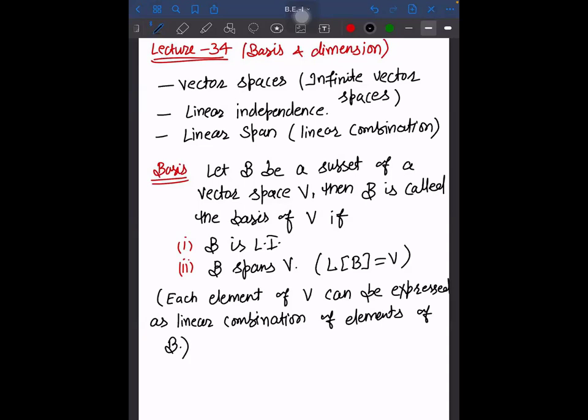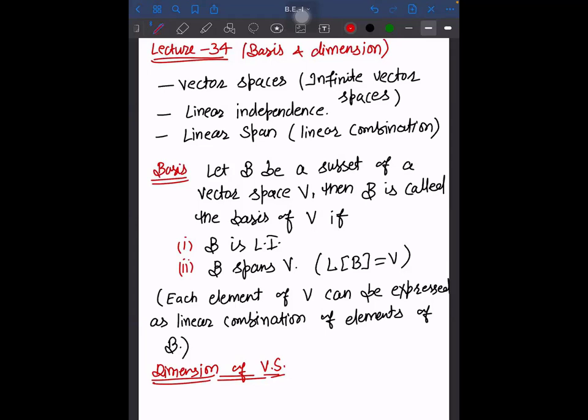And I'll add one more definition to this, that is the dimension of the vector space. So we'll be only talking about finite dimensional vector spaces. See, the vector space itself has infinitely many elements, but its dimension is finite. So what is its dimension?